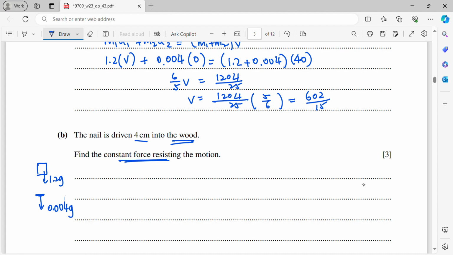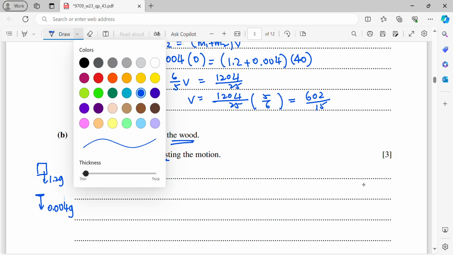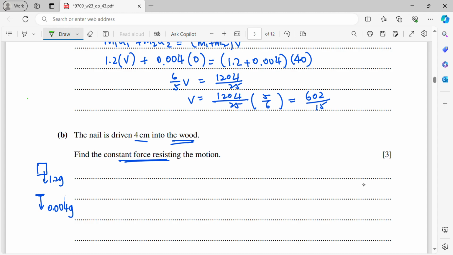Now you need to calculate the constant force resisting the motion. That means you should have the R over here, and basically you need to find what R is.